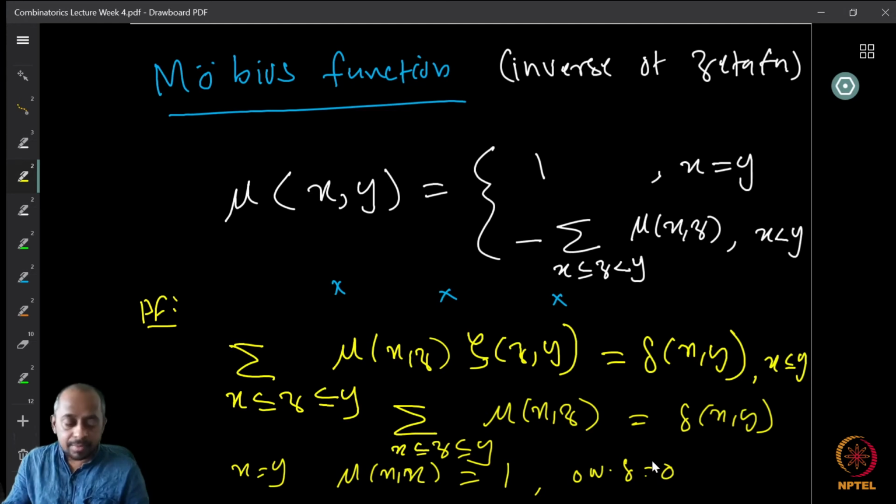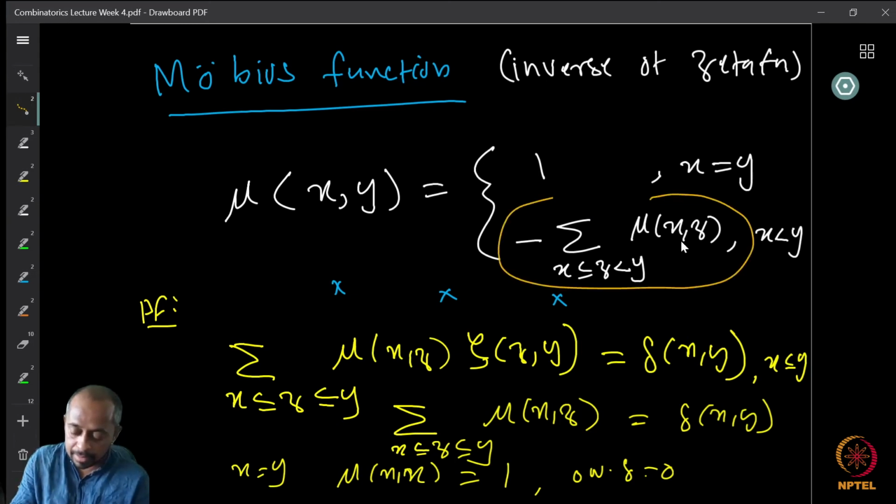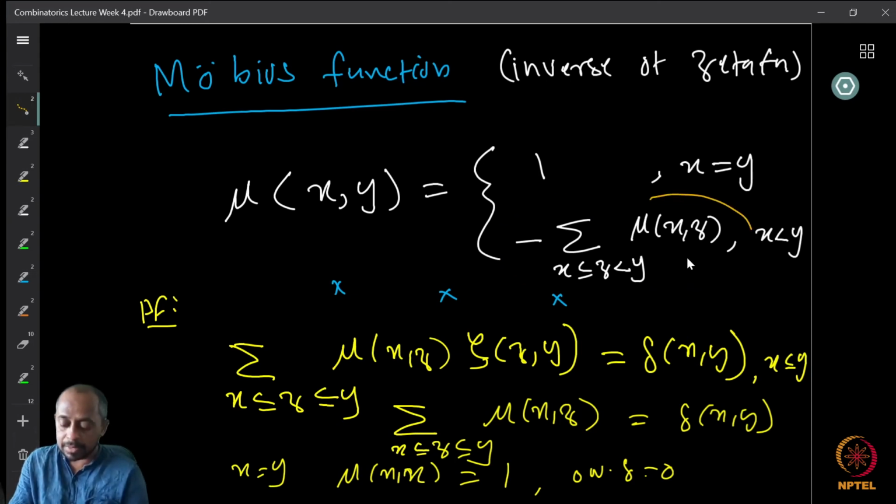Now if delta is equal to 0, we can move one of the terms to the left side. For example, mu of xy we move to the left, because we just took the last term, mu of xy, from here, and since the summation is 0, we get mu of x comma y is equal to minus the summation. So that is the proof that this is indeed the inverse of zeta of xy.